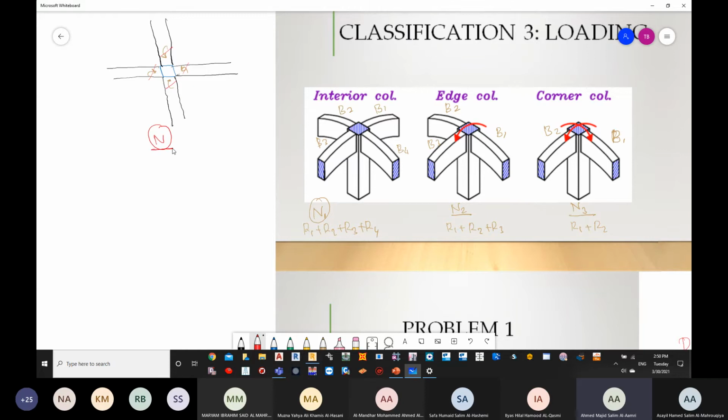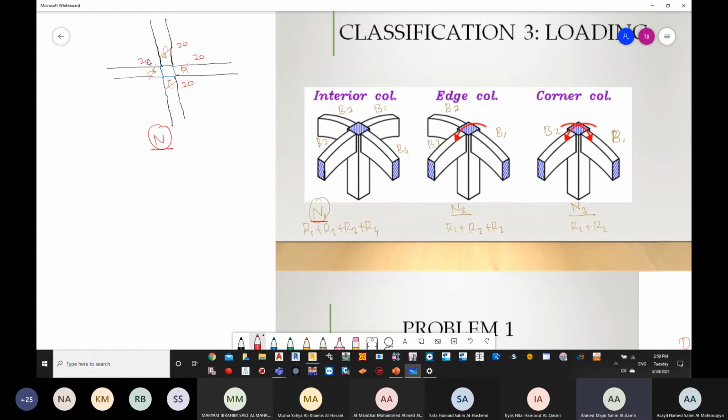That's only if the length and the loading are the same, which will generate equal moments. If they are not equal, so for example, if this is 20 and this is 20, they will cancel each other. So this particular column will not move from its position. It will stick at its position.